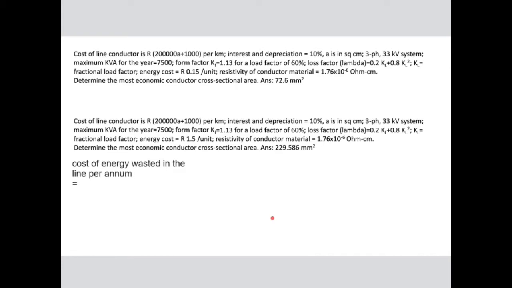So what it will be, three-phase line, so 3 I squared, 8.96 squared. So that's 3I squared. Now we have R. R is 0.176 over A. That is R.